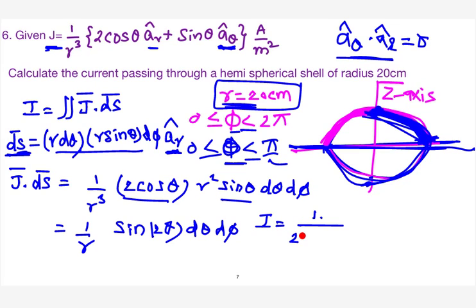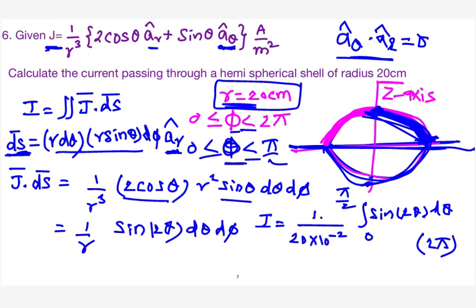So 1 by 20 into 10 power minus 2. Integration of sin 2 theta d theta. You have to be careful with the theta values, that is from 0 to pi by 2, and the phi value will be straight away 2 pi. So please simplify and tell me the answer.